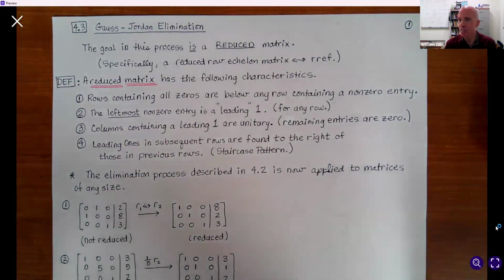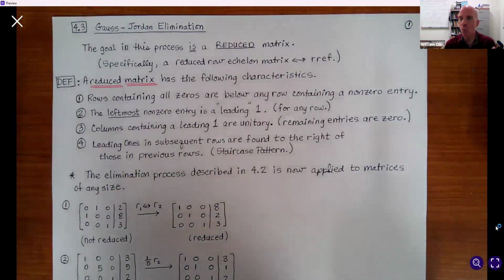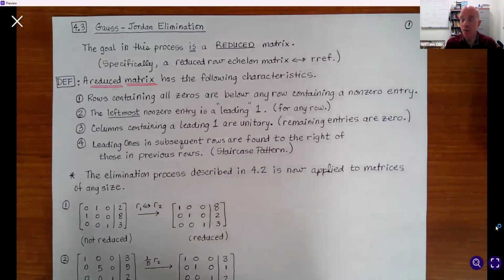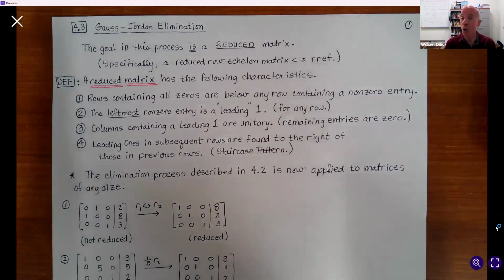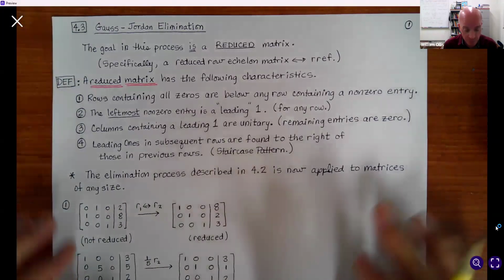That's not required, but the ones that we achieve will actually stand for basic variables like x1, x2, etc. Of course, if we had a 1 in the right-hand side, that would not have the same impact. But in a reduced matrix, if we have a non-zero entry in a row, the leftmost entry will always be a 1.